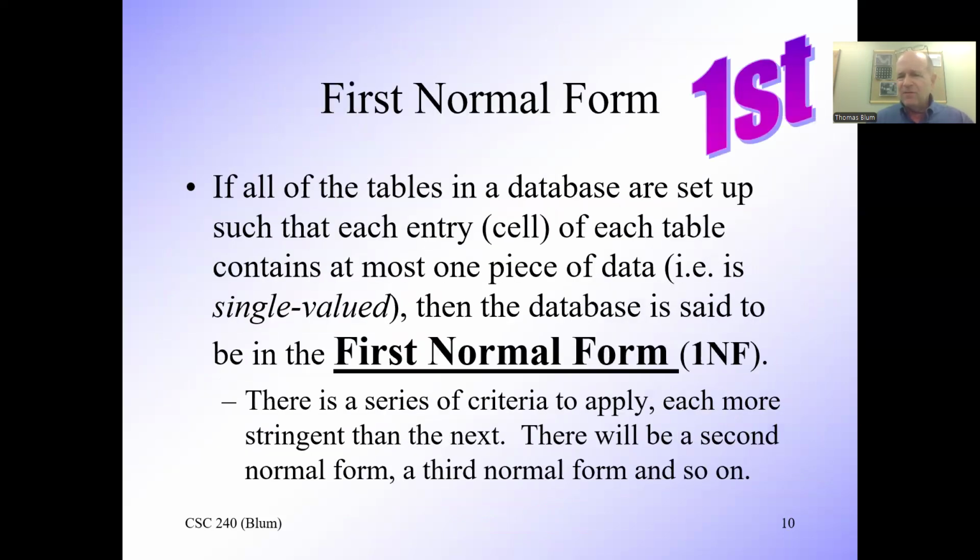Okay. So if I've gotten rid of any multi-valued fields, so I only have single valued fields, then I'm said to be in the first normal form. We're going to have this sequence of normal forms, each one getting rid of more redundancy.